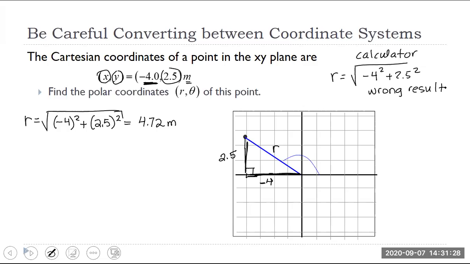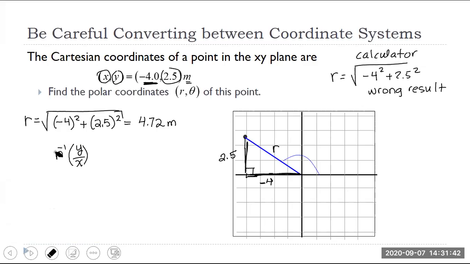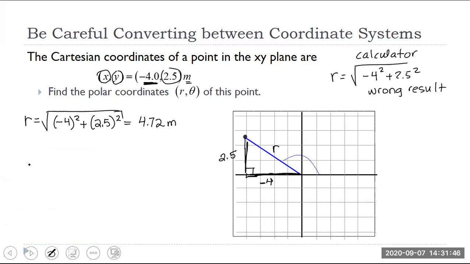Okay, so if I want to find the angle, I can take the tangent inverse of y over x. Or maybe we start off a little easier. Let's do it from scratch. So let me erase this for a second. So here's the angle that I want.